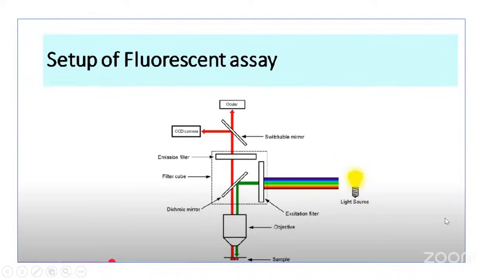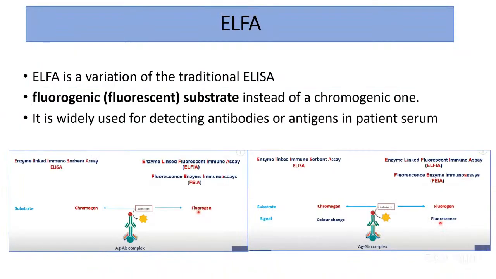In ELISA it was more of colorimetry, the color detection, where a monochromatic light passes through the lens and the sample and gives a color of the same wavelength. But here, the excitation and emission lights have different energy and different wavelength. So based on this, this is actually a variation.